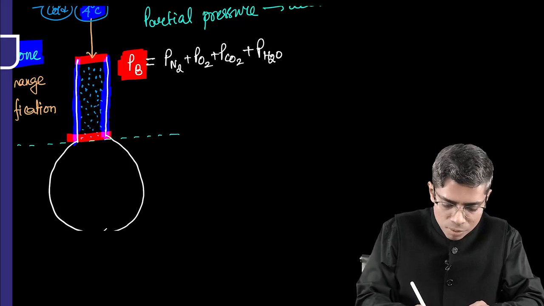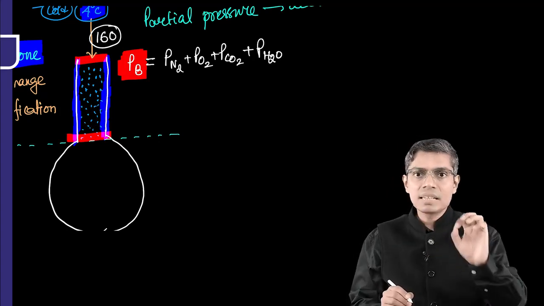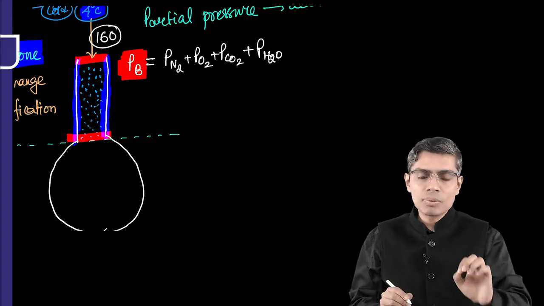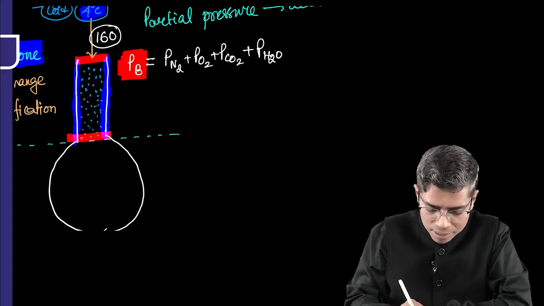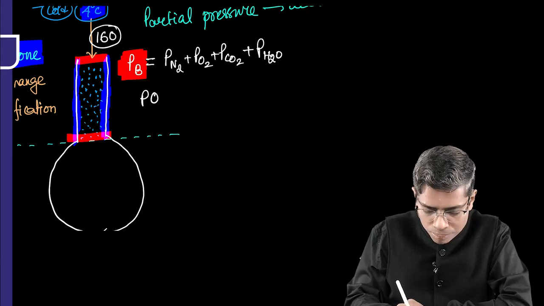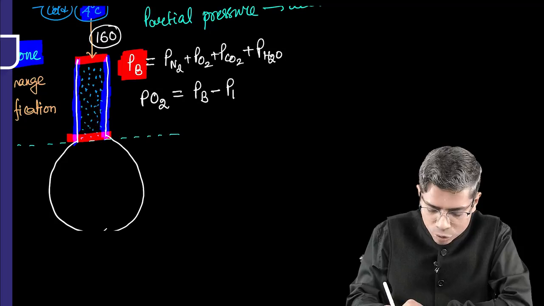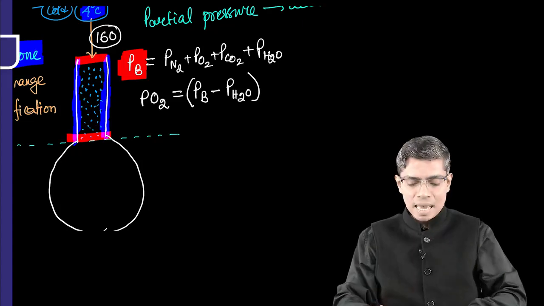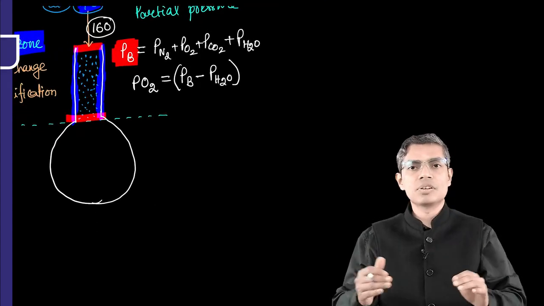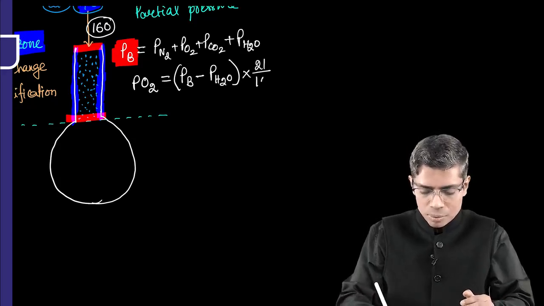What was the partial pressure of oxygen entering your lung from the atmosphere? That was 160 millimeters of mercury. At the level of the conducting zone, I can calculate the partial pressure of oxygen like this: PO2 is equal to PB minus PH2O, subtracting the water vapor pressure from the total pressure, and assuming that the percentage of oxygen is not changing, so I multiply this with 21 upon 100.